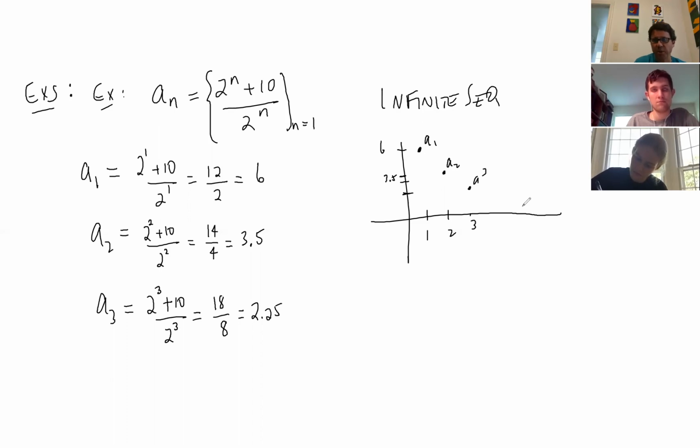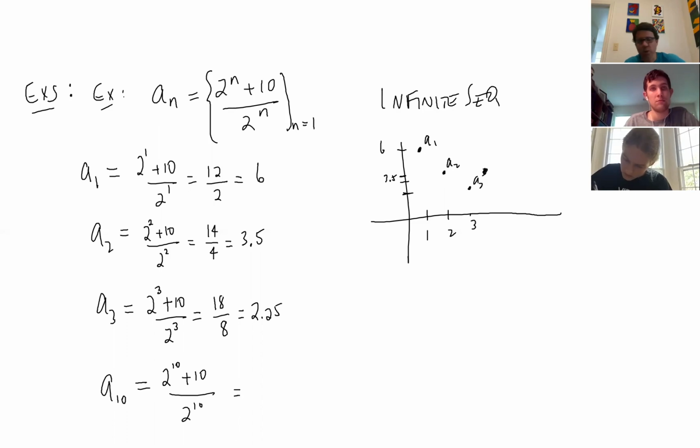Now, I don't mean to deceive you that it's going to 0. Well, let's plug in something that's a lot bigger, say n equals 10. So we have 2 raised to the 10th power plus 10 over 2 raised to the 10th power. Let's see, what's 2 to the 10? So it goes 2, 4, 8, 16, 32, 64, 128, 256, 512, is that 10?